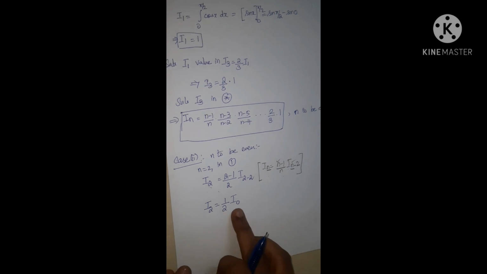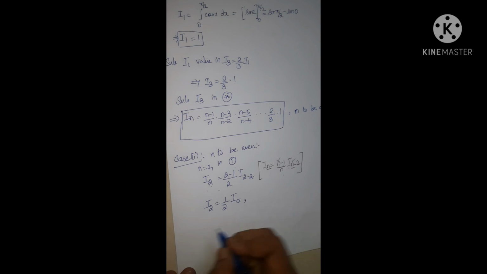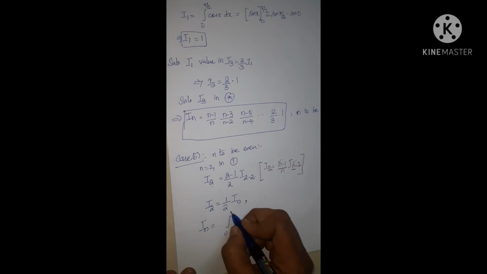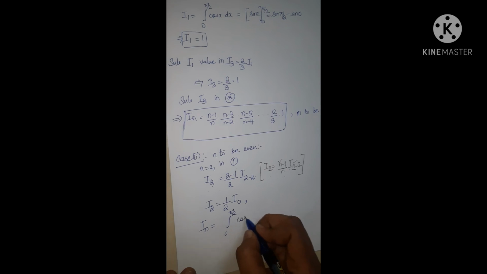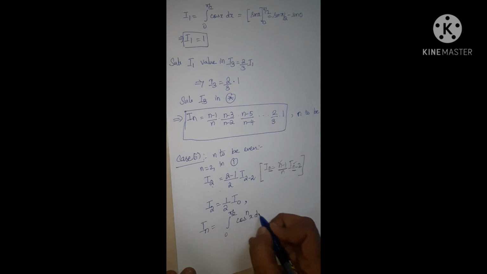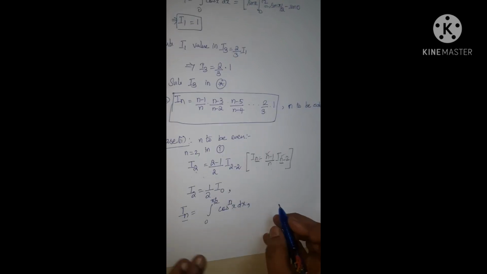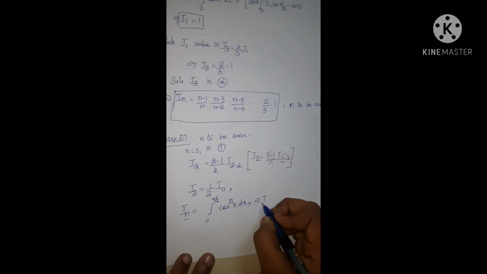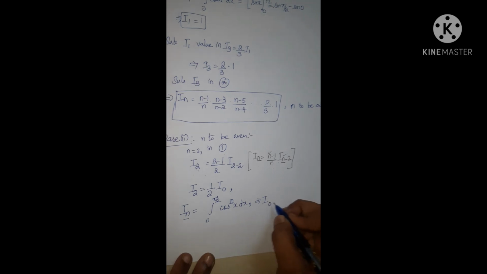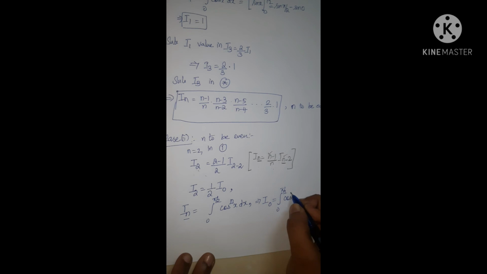So how to find the I0 value? We also know In is equal to the original integral from 0 to pi/2 of cos to the power n x dx. In the place of n, put 0. This will give us I0 equal to the integral from 0 to pi/2 of cos to the power 0 x dx.